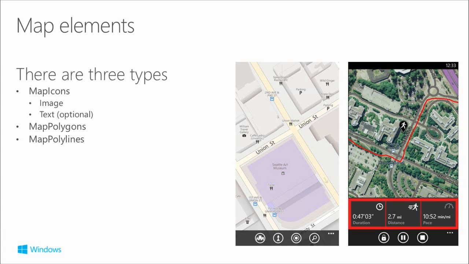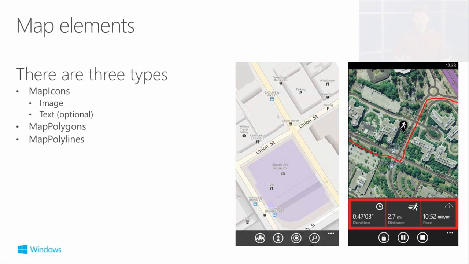We also have the map elements. Map elements are drawn by the internal, native mapping system. They're not XAML elements that are laid on top. They're part of the actual map rendering. And that's great, because that means that they're very performant, very clean, and very, very fast.